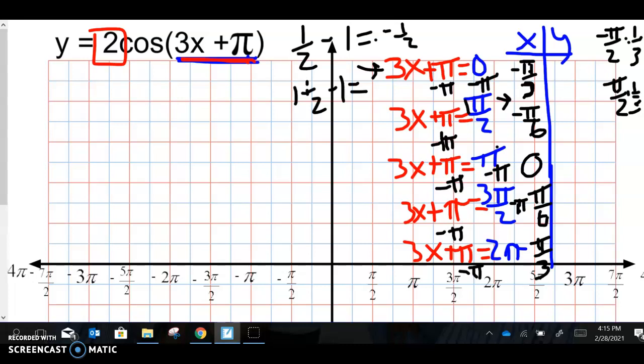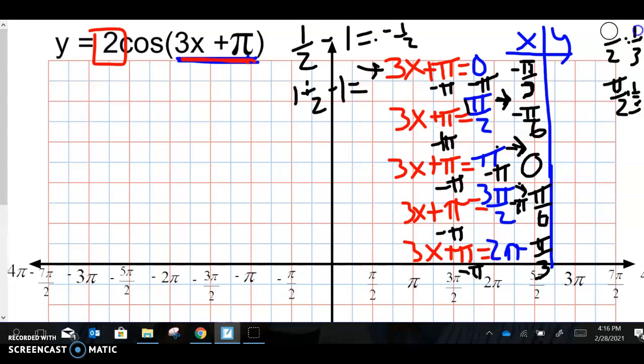From negative pi over 6 to 0, the difference there is pi over 6. From 0 to pi over 6, the difference is pi over 6. You're always getting a difference of pi over 6 there, okay? Sometimes people just, after the first couple, they're like, oh, okay, I'm just going to keep adding pi over 6. Either way.